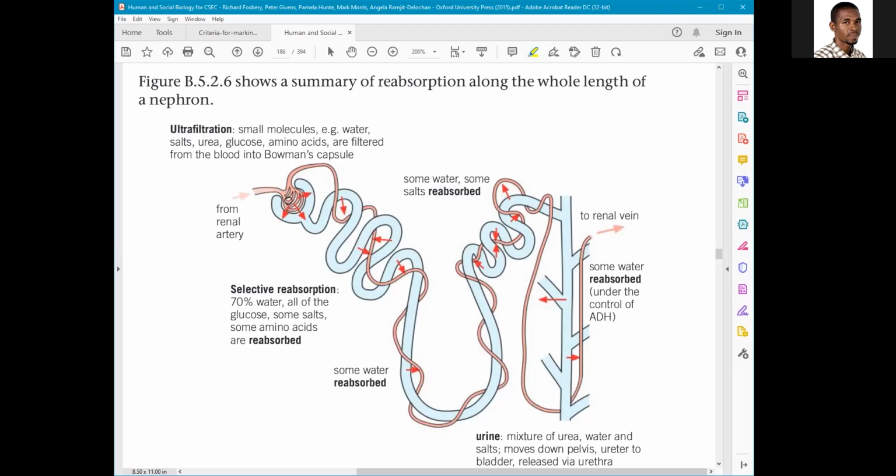Ultrafiltration takes place and substances such as mineral ions, glucose, water, and amino acids pass over into the glomerulus, which is part of the nephron or kidney tubule. So just a little distance away, you have the proximal or first convoluted tubule.